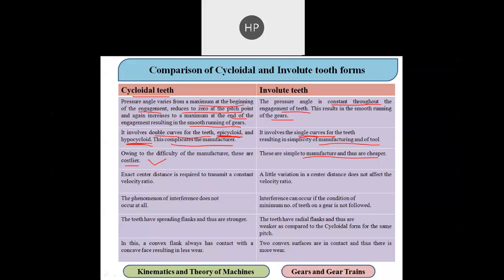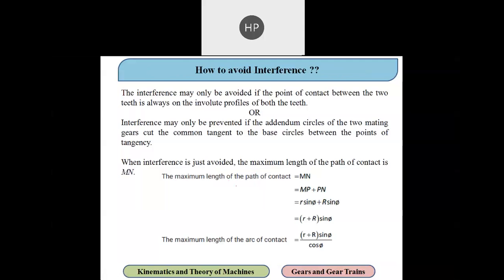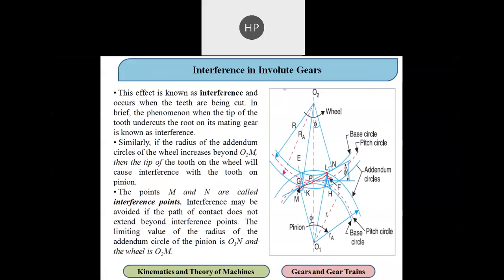Then exact center distance is required to transmit a constant velocity ratio. So this is a very important difference. We require exact distance, meaning this O1C or this O1P and O2P should not be changed.